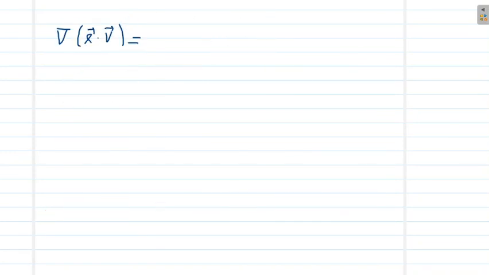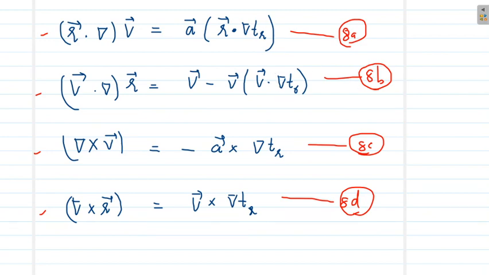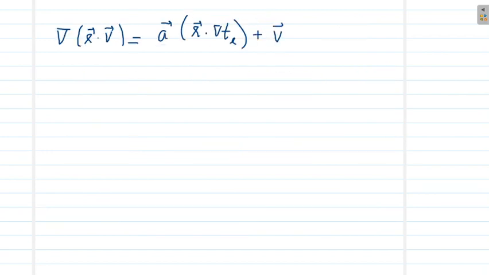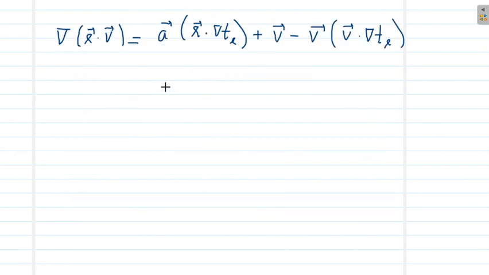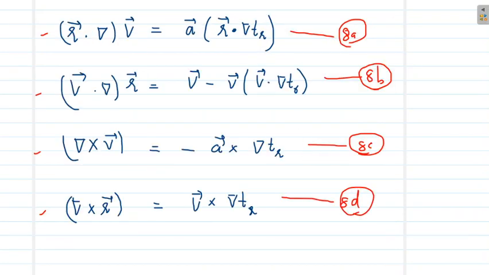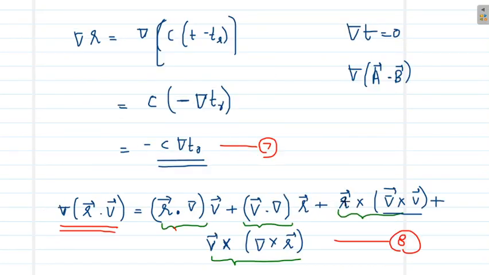So equation number 8a is given by a bar into r bar dot del tr, plus equation number 8b, which is v bar minus v bar into v bar dot del tr, plus equation number 8c, which is, sorry, it is plus r bar cross del cross v bar.